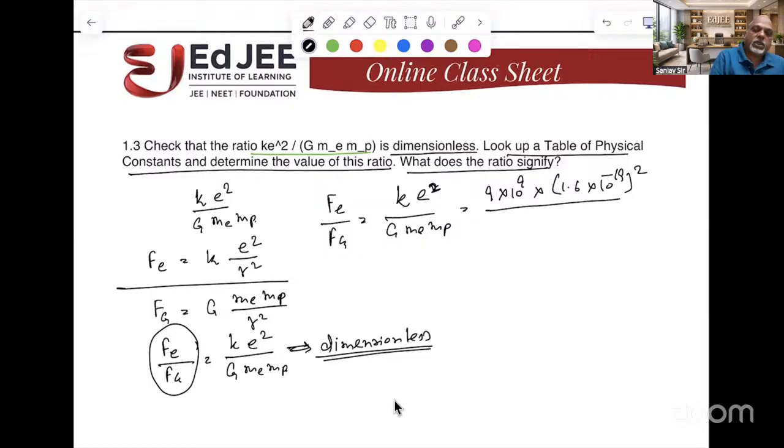Then you know G, value of G also 6.7 into 10 raised to minus 11. Correct.